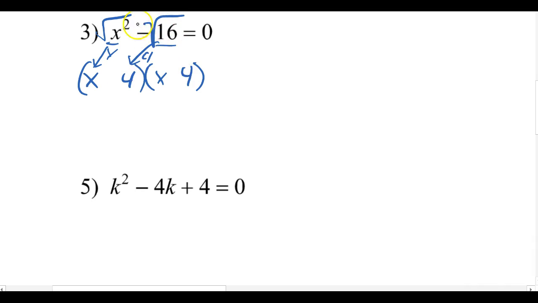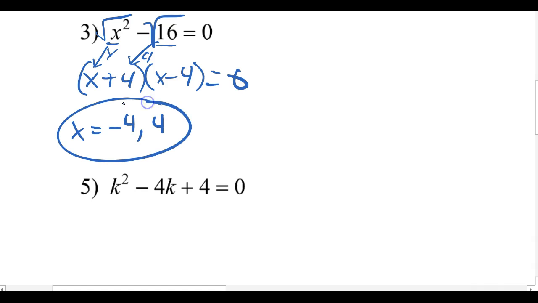And then if there are two numbers with a minus in the middle, then I'll have plus and minus. And now here's our zero product property, and these ones are obvious because I don't have a number here. So then this one's positive 4, then this is negative 4, and this one's negative 4, then this one is positive 4.